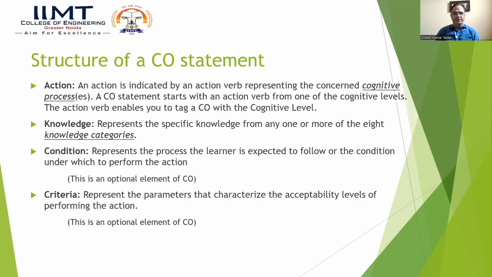The action verb indicates the cognitive process that is involved in the particular statement which we are going to create. So what is the meaning of the cognitive process? It is the process of acquiring and understanding knowledge through your thoughts, through your experiences, and through your senses.